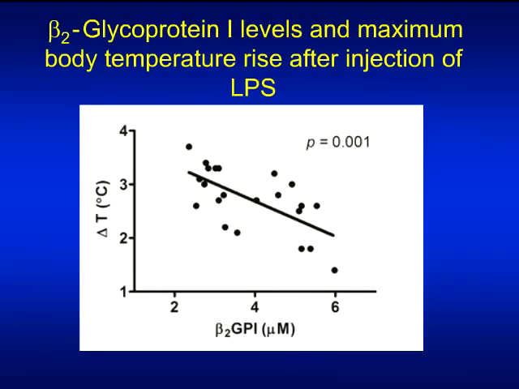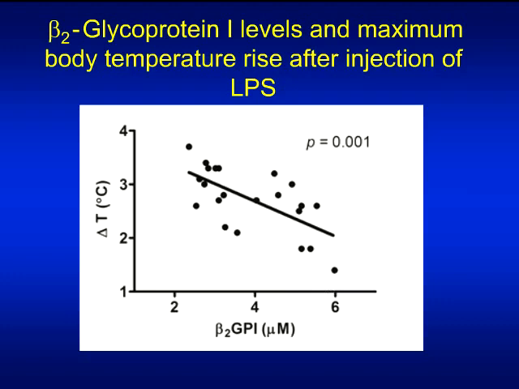But what was more important, we correlated the level of beta-2-glycoprotein 1 with the temperature rise these individuals suffer. What you see is that volunteers with a low level of beta-2-glycoprotein 1 have a temperature rise of about 3 to 4 degrees after injection of LPS, the maximum increase, but those persons who have a very high level of beta-2-glycoprotein 1 have only a relatively small increase of the temperature.